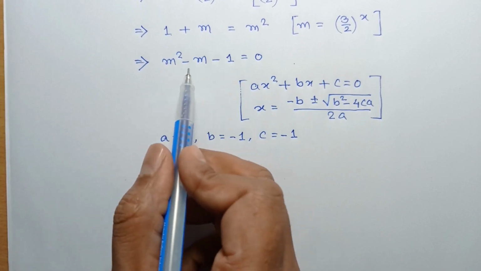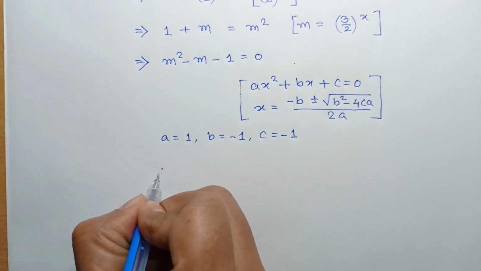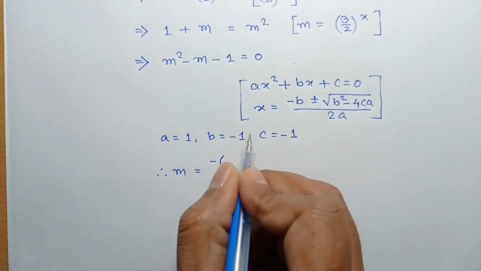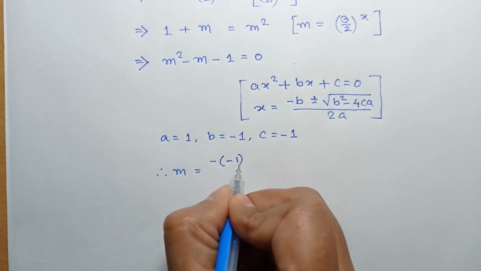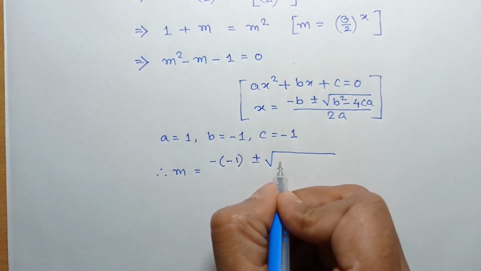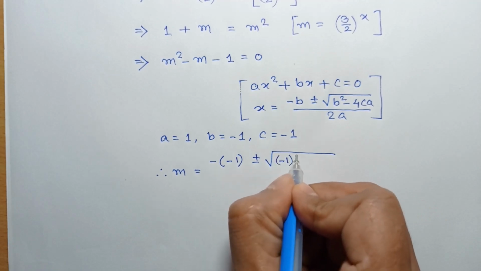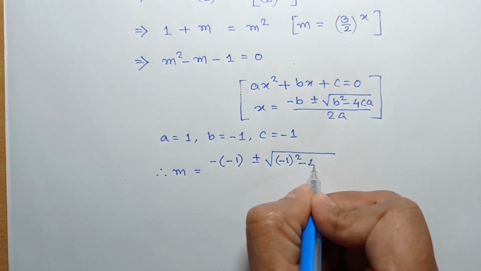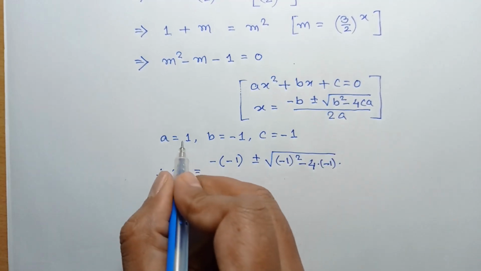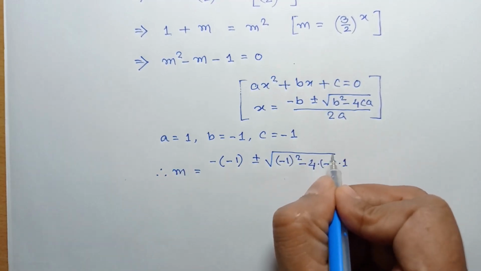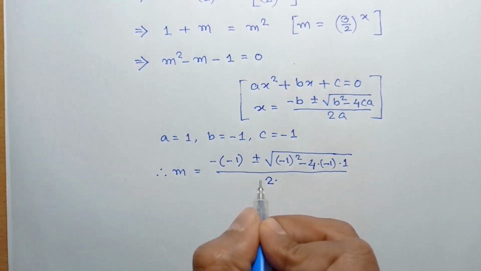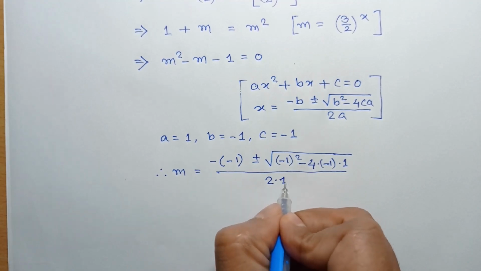So from our equation, we will have m is equal to negative of b, means negative of negative 1, plus or minus square root of b square, which is negative 1 whole square, minus 4 times c, which is negative 1, times a, which is 1, over 2 times a, which is 1.